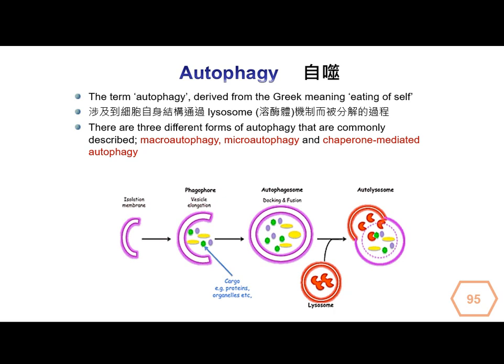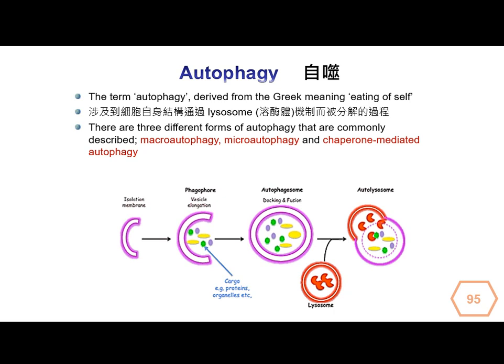And there are 3 different types of autophagy. We'll talk about this later. We start with a membrane, and then the membrane will recruit factors that are involved in phagocytosis, calling them to come to the membrane and help to become an autophagosome.